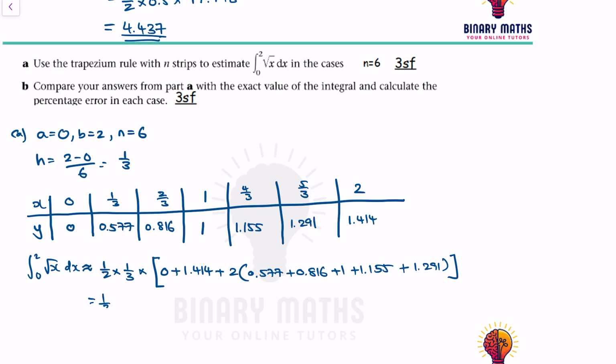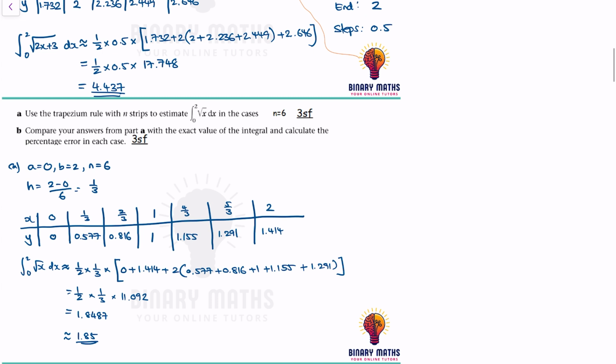Okay, when I substitute everything in my square brackets into the calculator, I end up getting 11.092. When I do half times a third times 11.092, I get 1.8487. I want to round it to 3 significant figures, which is roughly going to be equal to 1.85. So that was my answer for A.